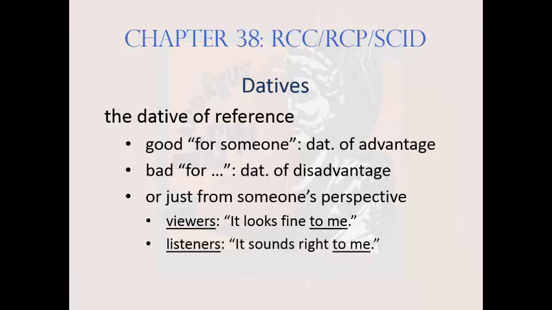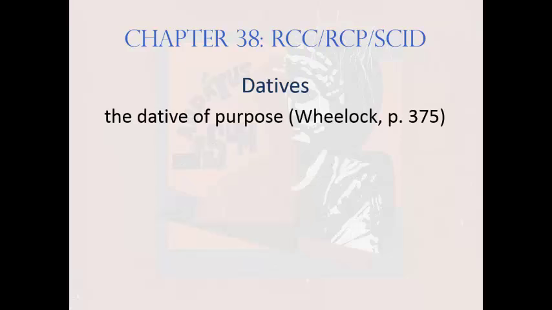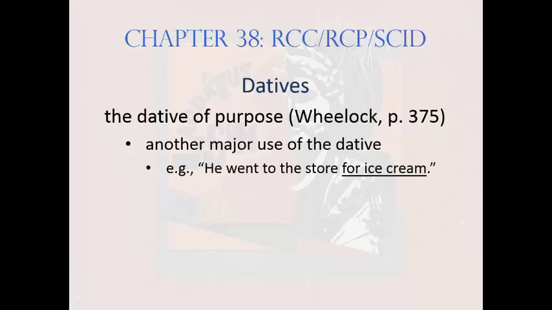When you can be more specific about the dative's use or connotation, then don't say reference, except in one construction, when it's paired with the dative of purpose, another important use of the dative, which Wheelock includes in the supplementary syntax on page 375. The dative of purpose shows the reason someone did something, or what the goal of some action was. For instance, he went to the store for ice cream. For ice cream, a dative states the goal of the action, the reason he went to the store.